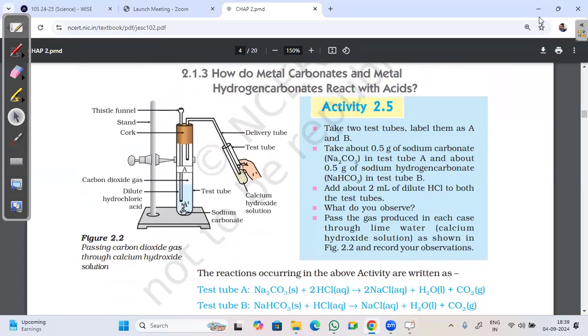You have a thistle funnel and a delivery tube which collects the gas and passes it into the calcium hydroxide solution. Can anyone tell me what is happening in this complete process? What reaction is taking place? What is formed? Then what are we testing?